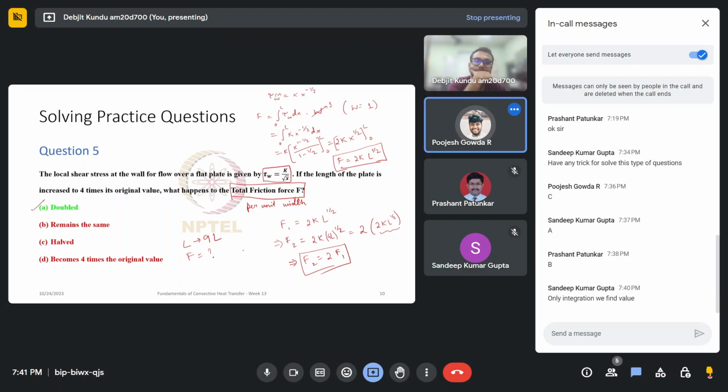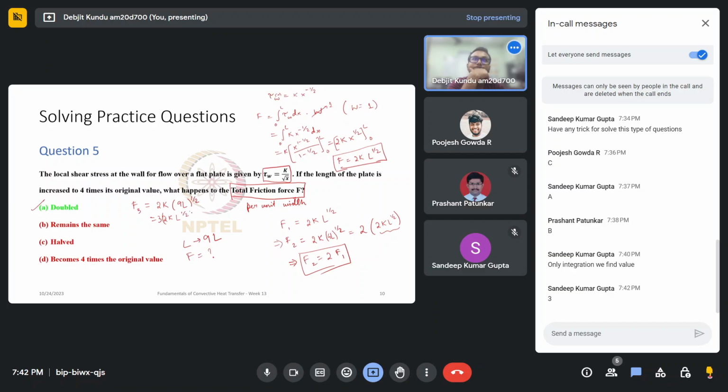Same, doubled, sir. No, why double? So this F2, or let's call this F3 now, would be 2 into k into 9L to the power half. If I take the square root of this 9 outside, I'll have 3 L to the power half.